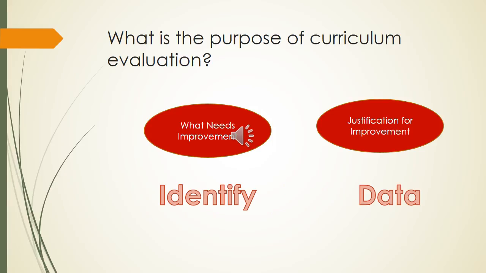There are two purposes for curriculum evaluation that I've identified here, and probably there are others that could be developed, but these are broad, overarching purposes. So when we look at evaluating the curriculum, we have an identification purpose in mind. We want to take a look at what needs to be changed, and change from the standpoint of how can we do this better.